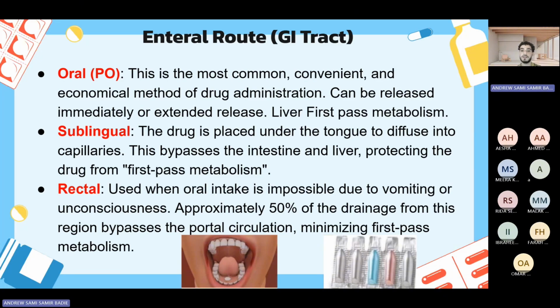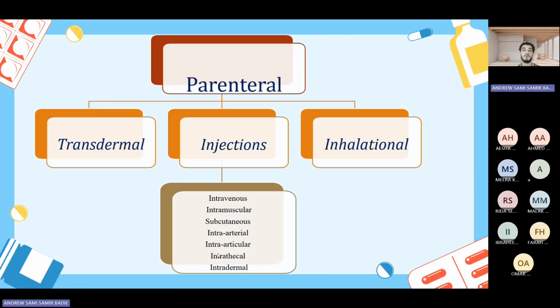Same thing with rectal: it can be used when oral intake is impossible, and it bypasses the portal circulation and minimizes first pass metabolism. Now, finishing the enteral route, we have parenteral. Parenteral can be transdermal.